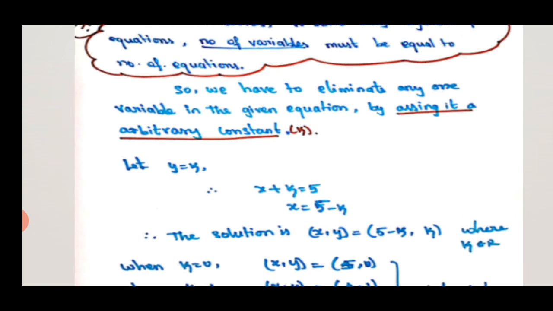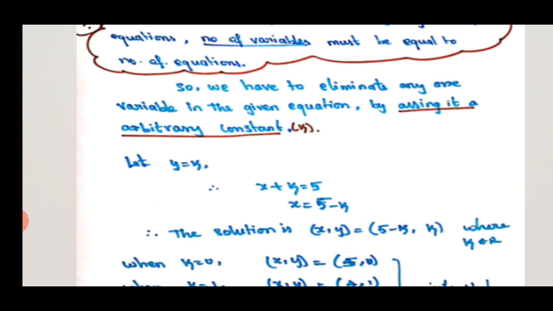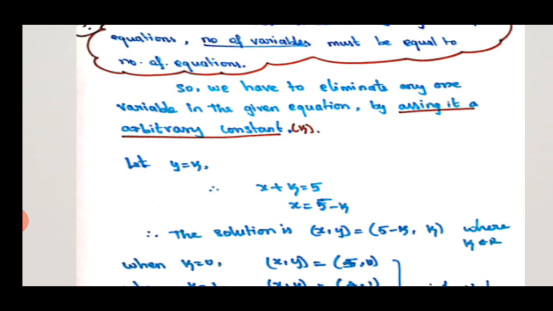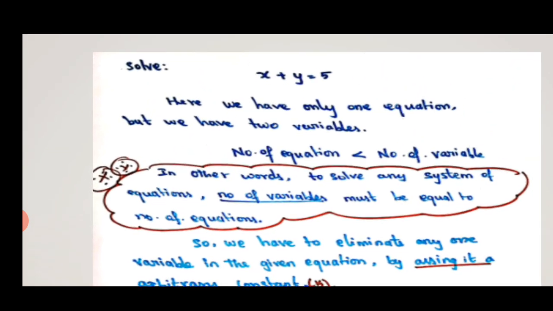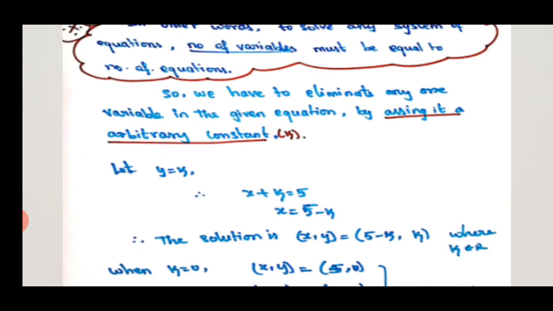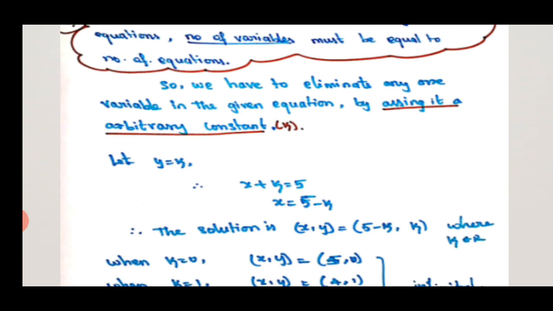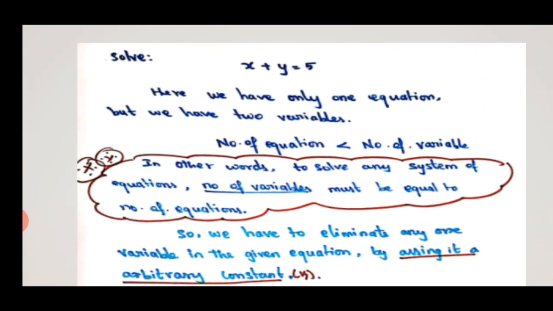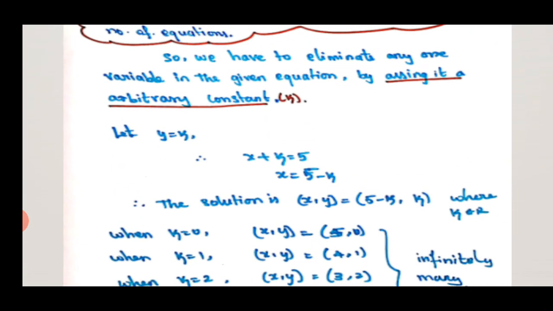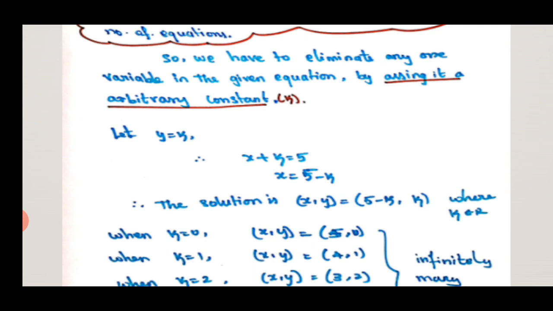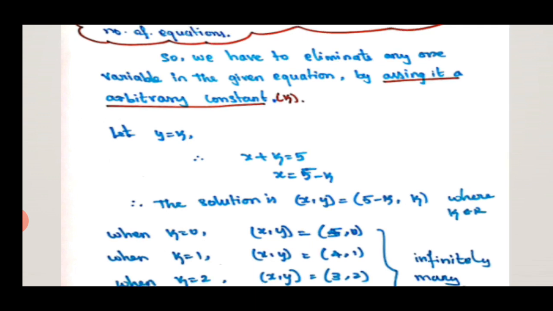Arbitrary constant means any constant. I'm going to take it as k, and instead of y I assign k. So let y equal to k. If you apply this in the equation, you get x plus k equal to 5, which gives x equal to 5 minus k.